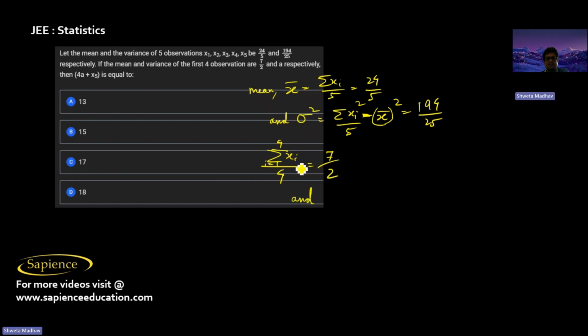And the variance of the first 4 observations, that is A, will be equal to summation xi square, where i goes from 1 to 4, by 4 minus 7 by 2 whole square. Then we have to find out 4A plus x5.